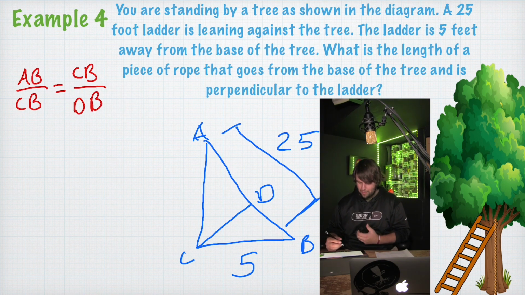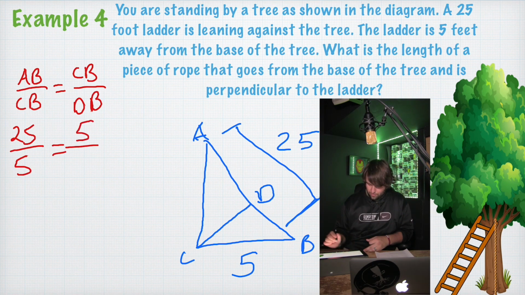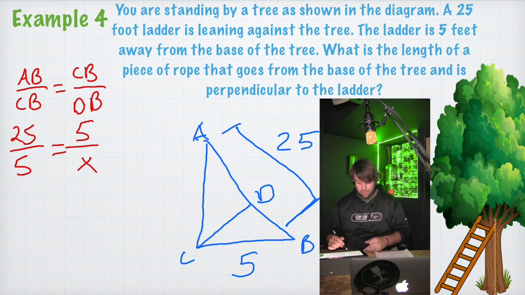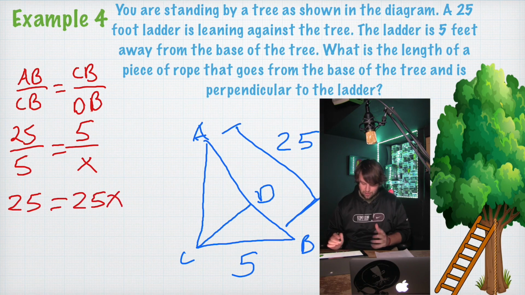So AB is 25. 25 over CB, which is 5, equals CB, 5, over X. We don't know what DB is, but that's what we're solving for. Well, this comes out to be 25 equals 25x when we cross multiply.